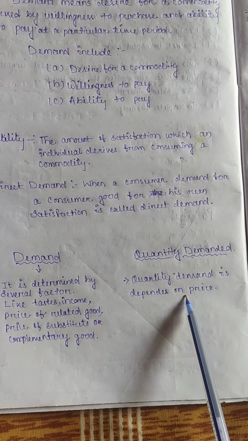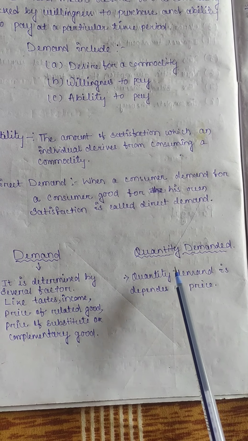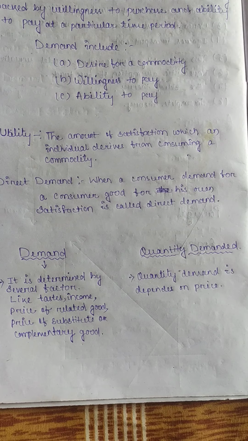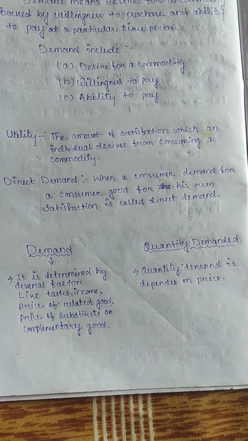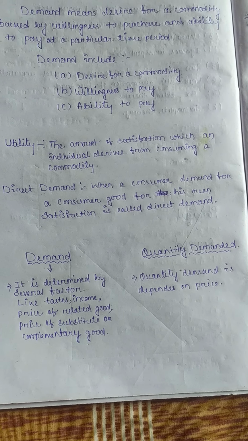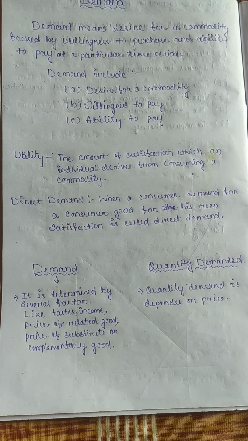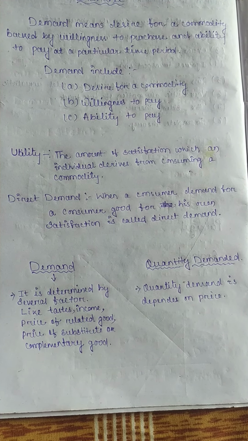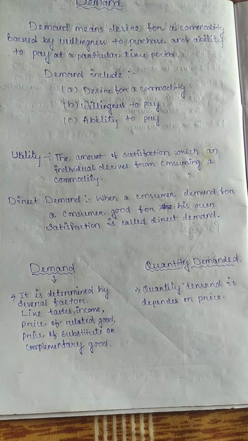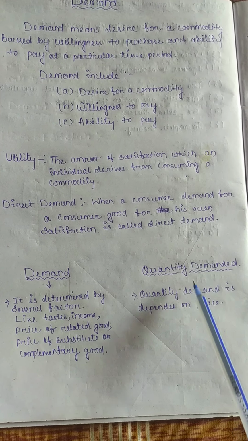How much the price is, that determines the quantity demand of a consumer. Because as per human psychology, when the price of a commodity decreases, we demand more of that commodity. When the price increases, we demand less of that commodity. This is defined as quantity demand.